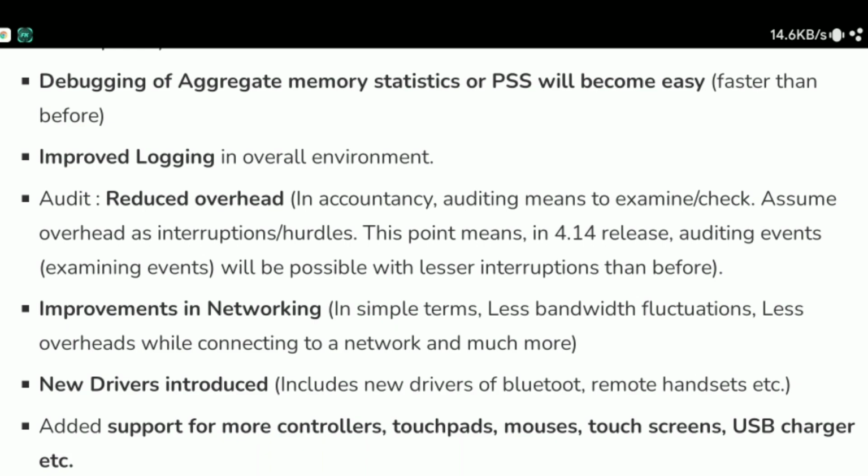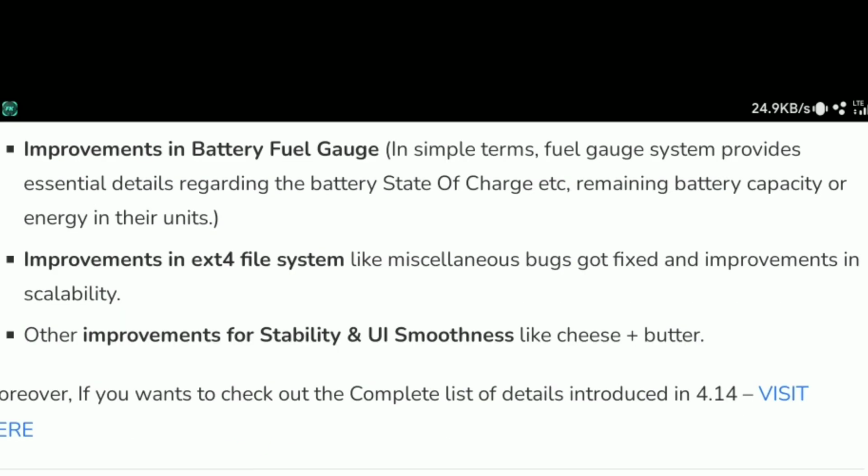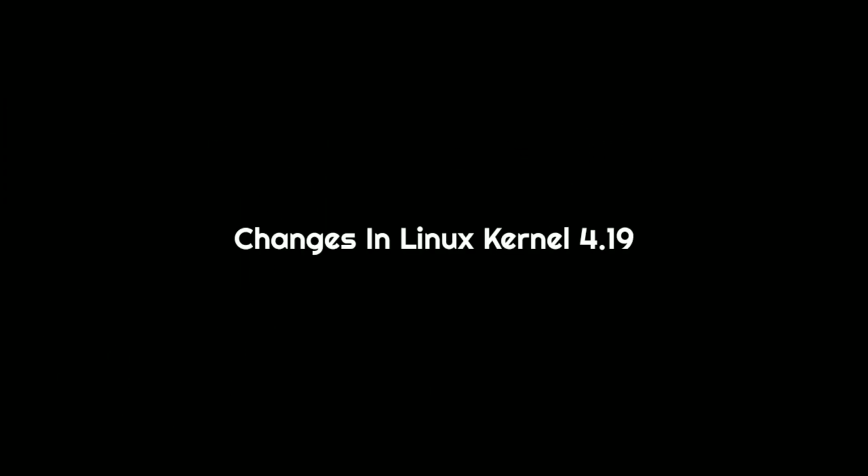Audit reduced overhead means there will be less interruption while examining any event in processes. We also get improvements in networking, new drivers, and support for more controllers, touchpads, mouses, etc. Also there have been improvements in battery fuel gauge, ext4 file system, and stability plus UI smoothness.